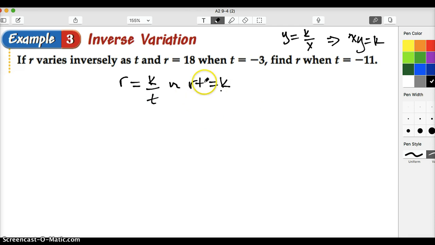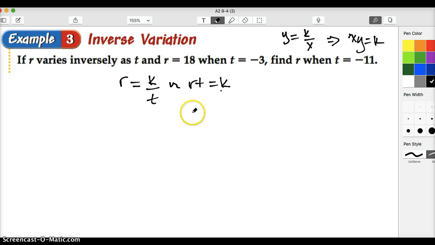And I know the text does it in a different way, but in both of these RT situations, R times T has to equal K, right? Because that's what the constant of variation is within an inverse variation situation. I said a lot of stuff. So here's what I want us to do.